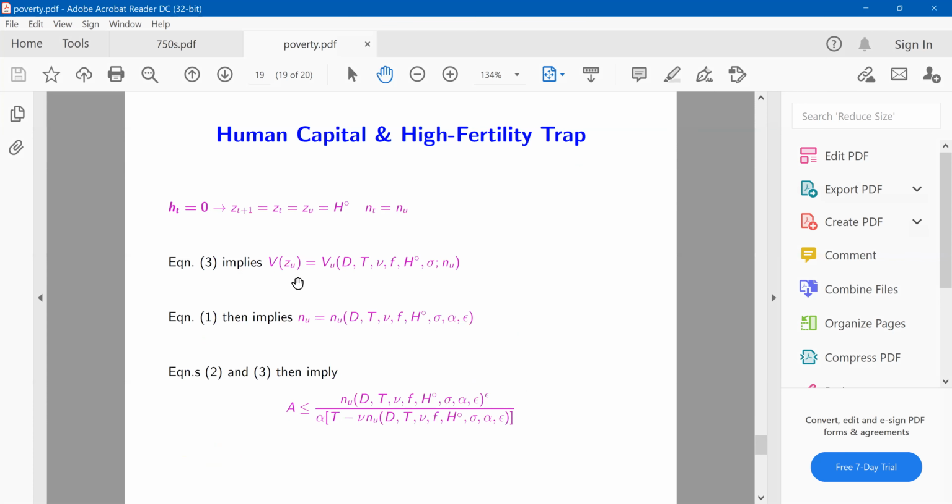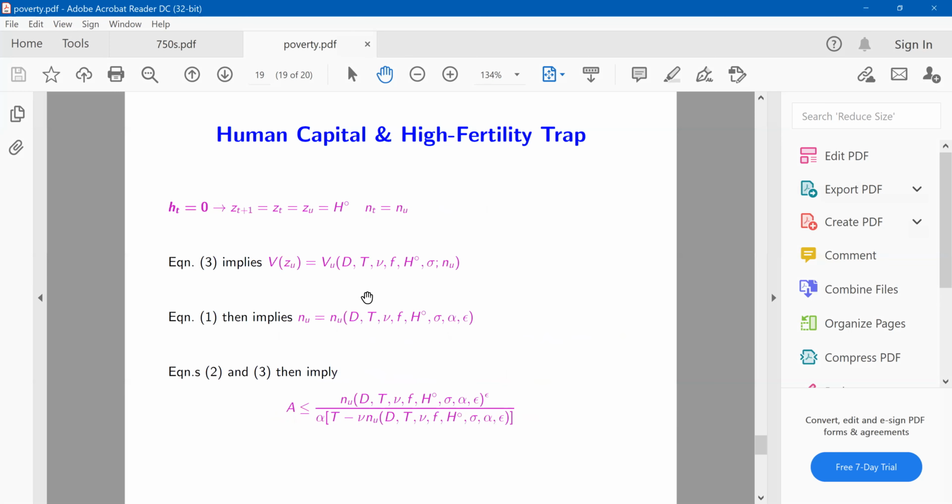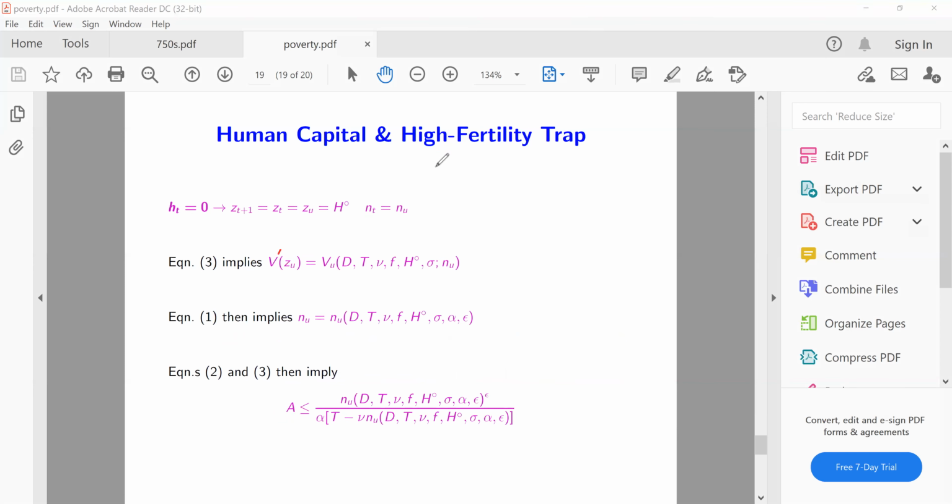First, from the third equation, you may imagine that this derivative, there's a typo here, so this must be V prime, okay?